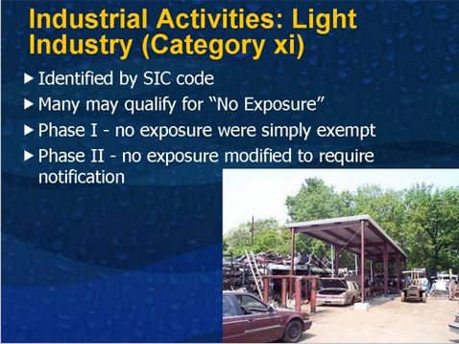EPA shouldn't leave it up to them to decide. So EPA needs to issue some guidance or form to help them decide whether they're eligible for this no exposure or not. So EPA developed the form with Phase 2, developed more specific requirements, so any industrial facility can qualify for this no exposure if they meet certain requirements and notify EPA.